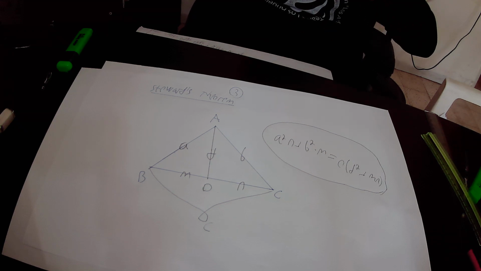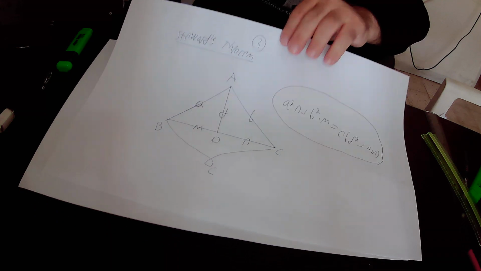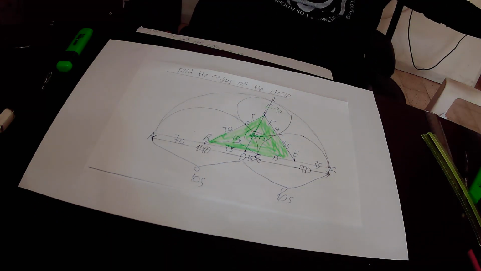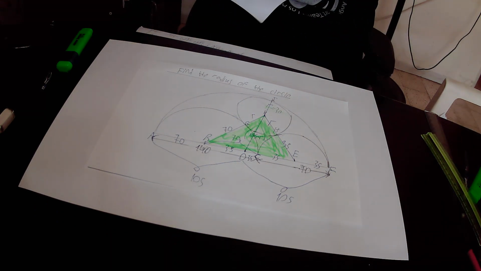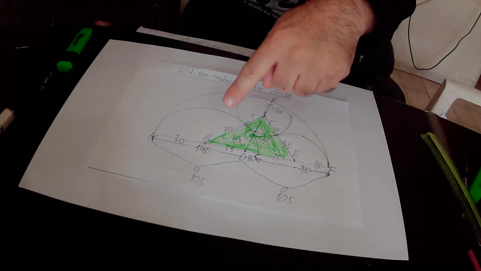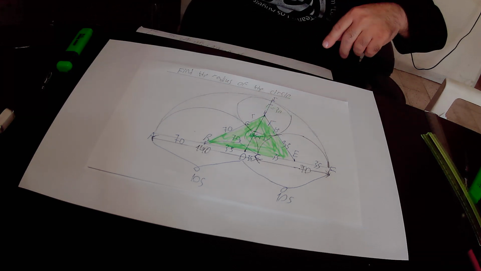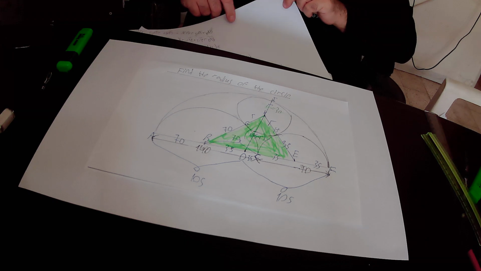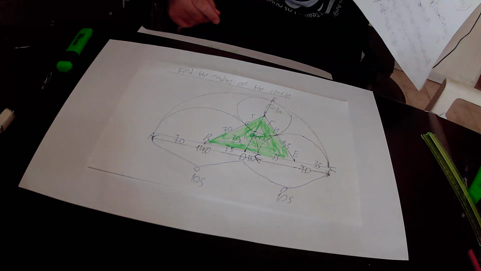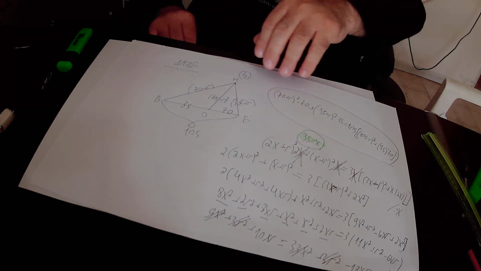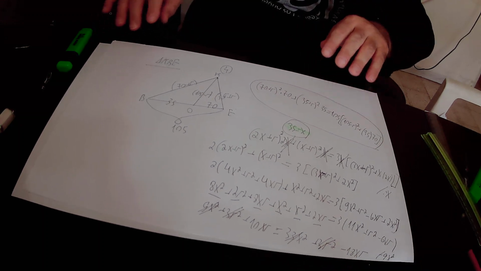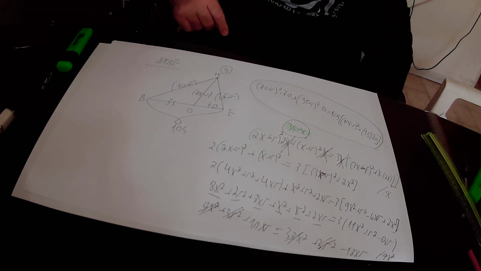We can implement Stewart's theorem in our triangle BKE. So I copied the green triangle BKE onto a new page, and we implemented Stewart's theorem here. This is triangle KBE that I copied from the original drawing.